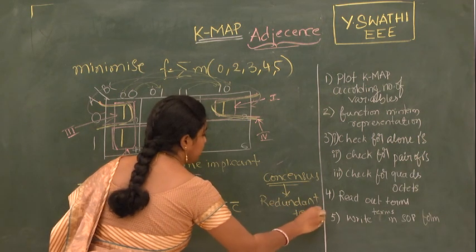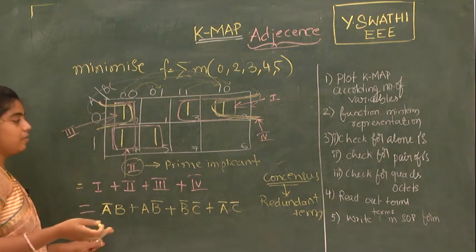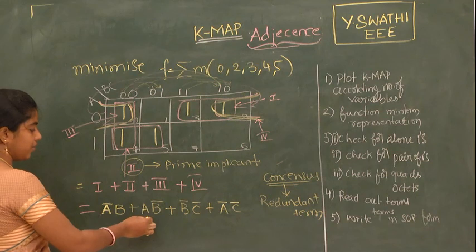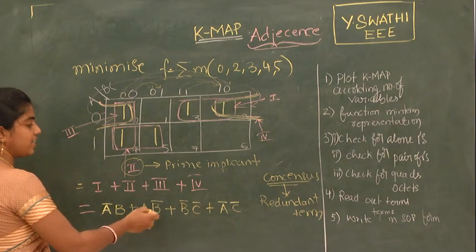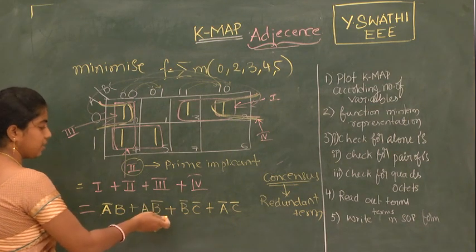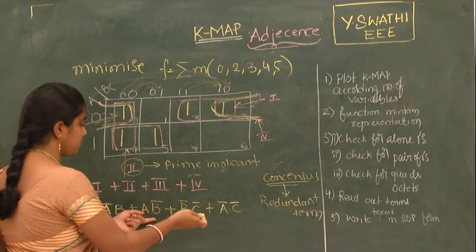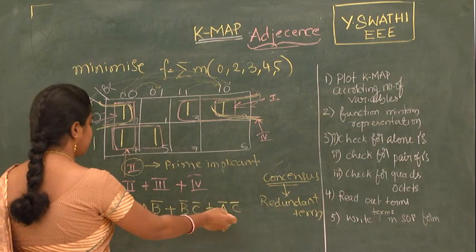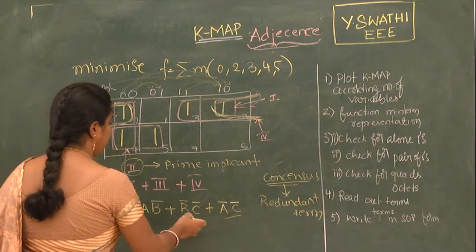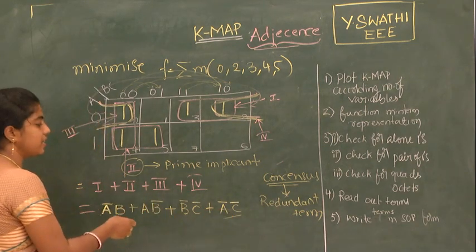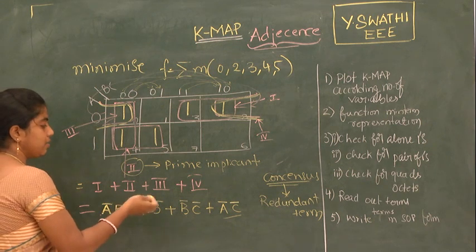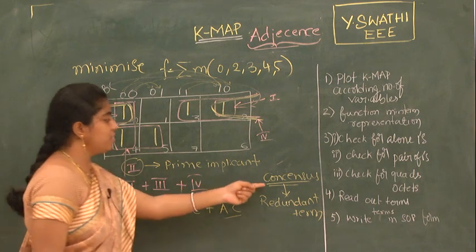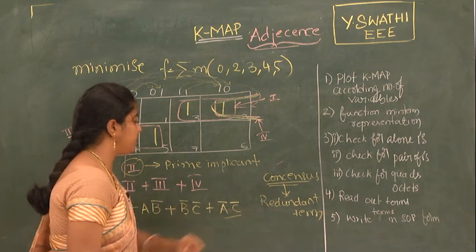So how is the redundant term found out? If a variable is there and its complement is there in another term, and the third term contains the left out literals, from the consensus theorem we can drop out the redundant term.